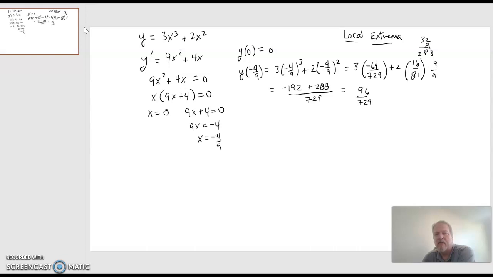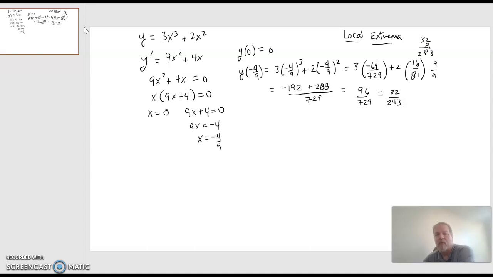Notice if you add the digits of 96, you get 15. Add 7, 2, and 9, and you get 18. 15 and 18 are both divisible by 3, which means the original numbers are both divisible by 3. So 3 goes into 96 32 times, and 3 goes into 729 243 times.